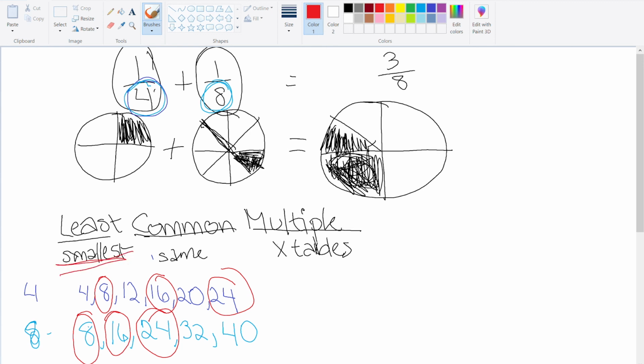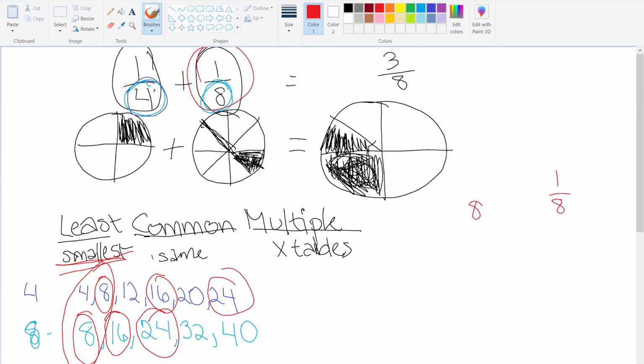So the least of these multiples is this 8. And so because the least common multiple is 8, I know the common denominator that I'm trying to find is going to be 8. So the second fraction, 1 over 8, already has a denominator of 8.